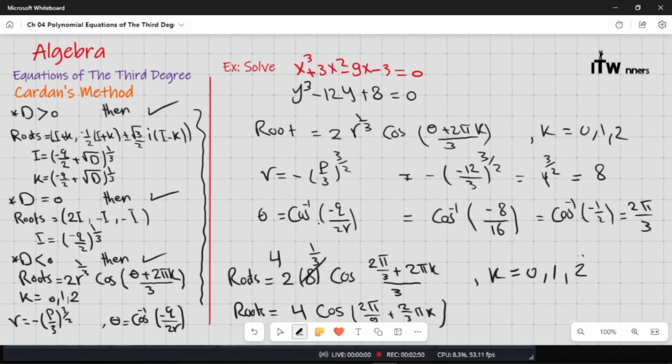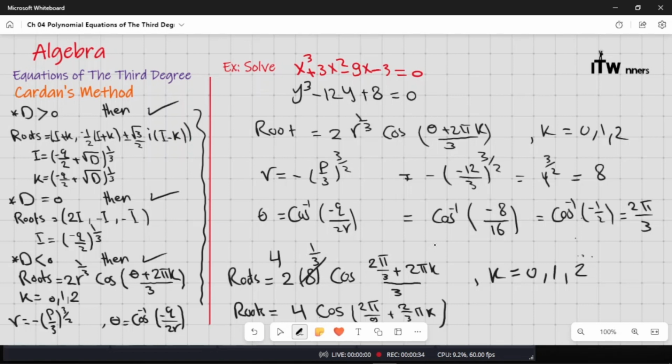Okay, I hope that the three cases are clear. And the conclusion is that we solve the polynomial equation of the third degree with the Cardan method simply in two steps. The first step is to make the coefficient of the squared variable in the polynomial equation equal to 0 by substituting x equal to y minus b1 by 3.